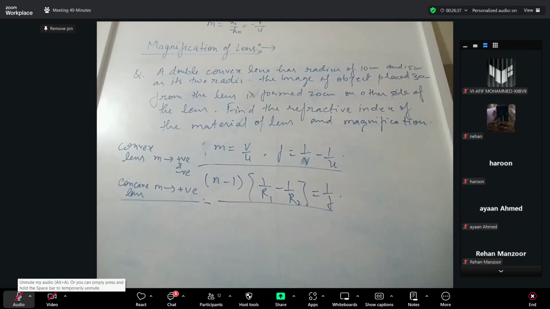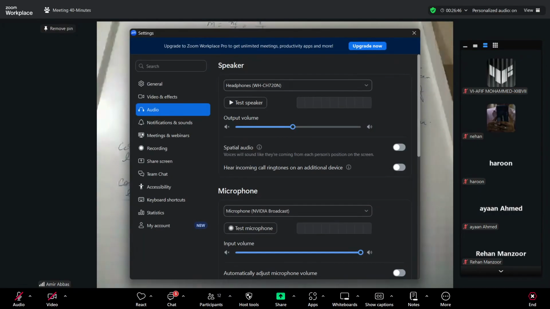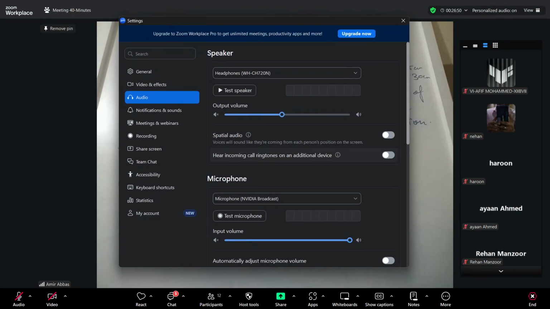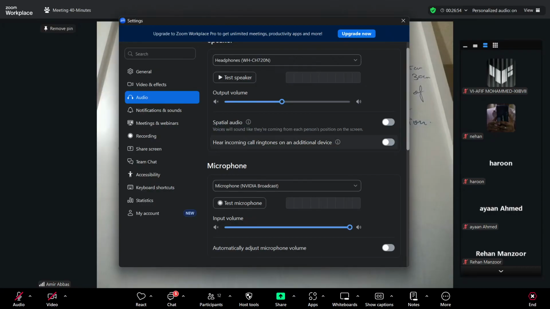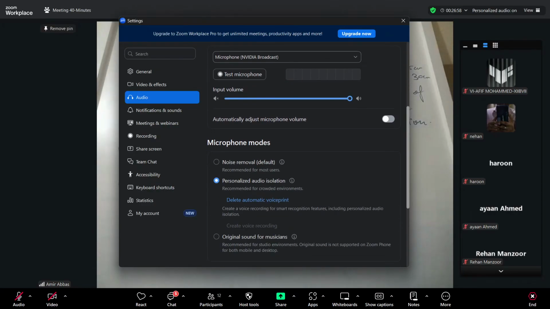Done? By using these, sir, I'm getting the refractive index as minus 1.5. Have you taken the convention?